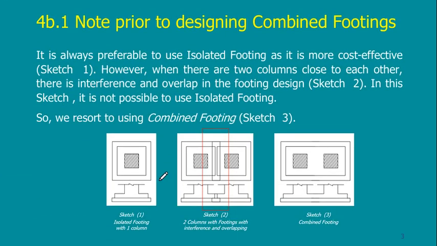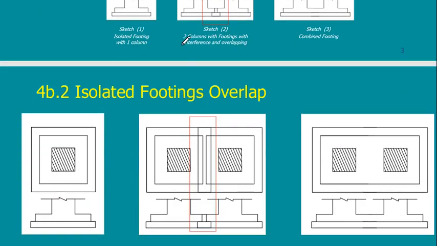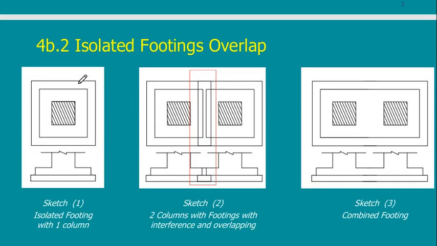Combined footings, let's just go to this slide. This is the plan of an isolated footing. This is the column, this is the reinforced concrete, this is the plain concrete, and this is a cross section in the column.